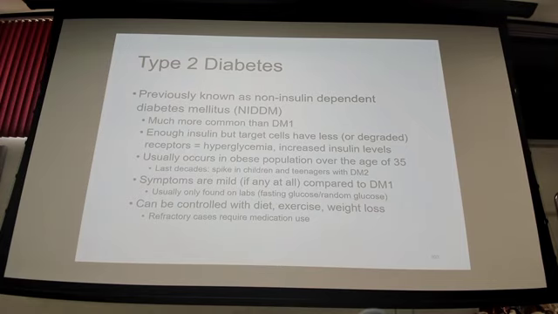So, and then again, I love this bullet. That's true. It can be controlled with diet and exercise and weight loss. But I hate to break it to you guys, and I don't want to break your hearts when you get out there and recommend therapeutic lifestyle changes to patients. They ain't going to do it. All right?